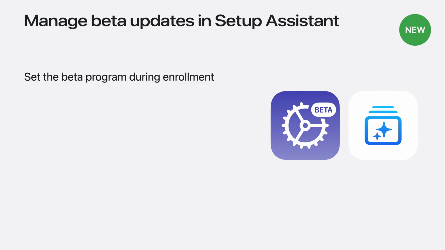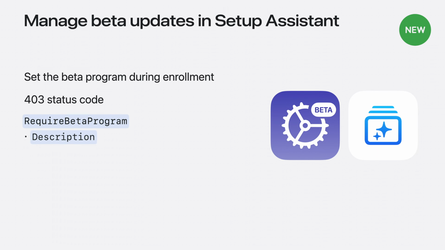During enrollment, the MDM solution can return an HTTP response with the 403 status code to enforce a specific beta version and include a JSON or XML object in the response body. The body of the response can include the required beta program dictionary, which must contain the following keys to set the beta program: description, which is a description of the beta program, and the token.